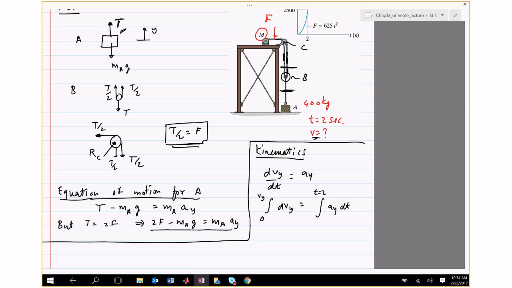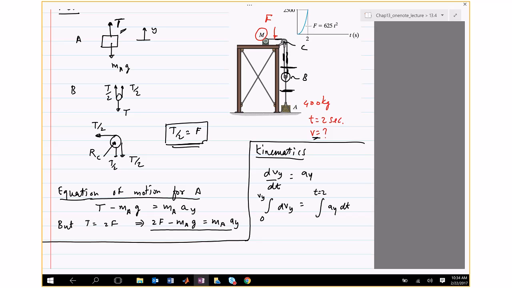10 times g is 98.1. If I'm applying a force, I start the force from 0 and it's linear. When the force is 0, this thing is not going to move up. It keeps increasing 0, 1, 2, 3, 4. Unless it goes to 98.1, this thing is not going to move up because the force acting downwards is more than the force I'm applying on top.